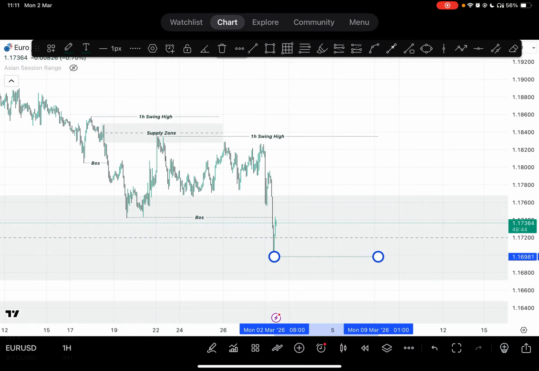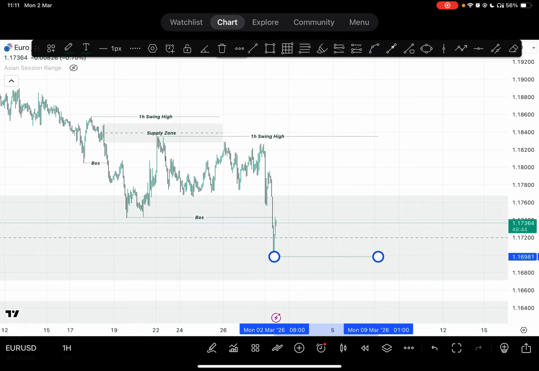So if price is to fall down and take out this demand, we must see a kind of liquidity grab. We must first see price spike up and give us a range of liquidity before spiking down to take out this low, because price always seeks liquidity to move, right?